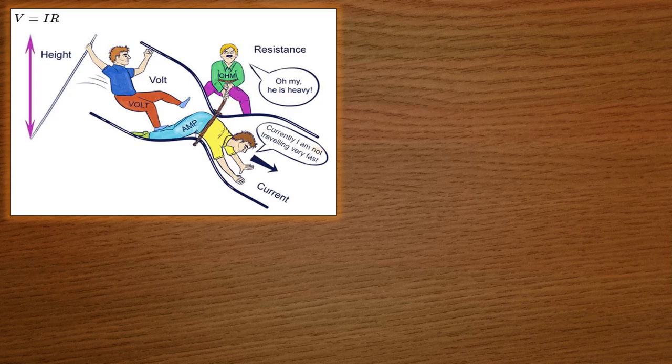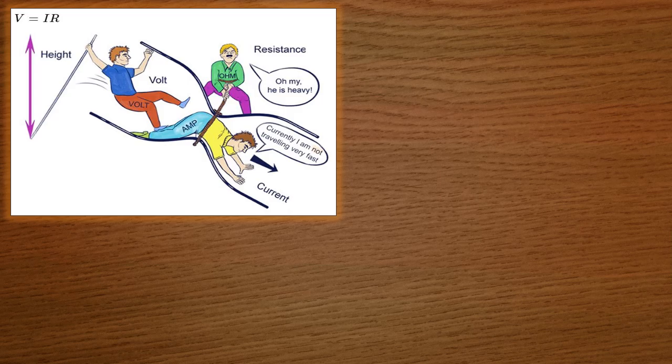That means if you increase voltage, current flow is increased. If you increase resistance, current flow is decreased. It clearly gives you an idea that these three things have relations among them.